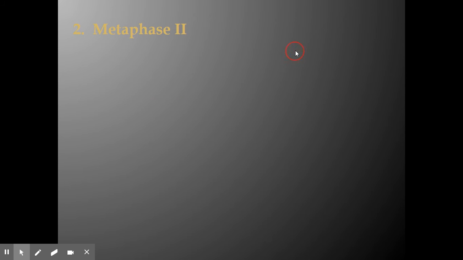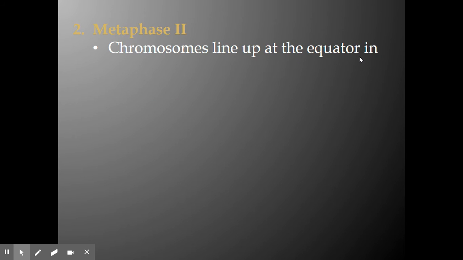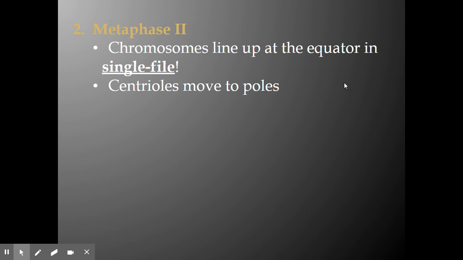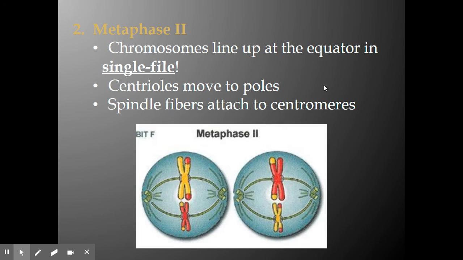In metaphase 2, our chromosomes line up like they normally would in the middle of the cell. This time they do it in single file instead of as a tetrad. Your centrioles move to the poles and attach spindle fibers like normal. This looks like mitosis, two different cells going through mitosis. Okay, only it's not. This is metaphase 2.